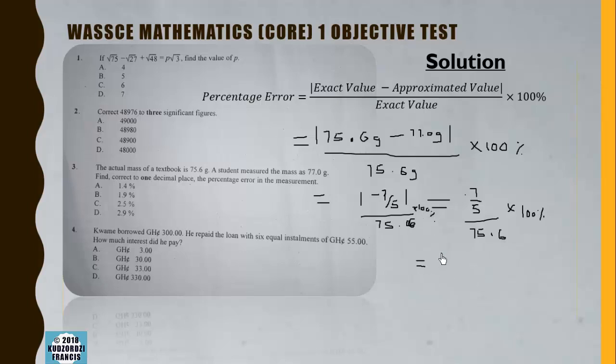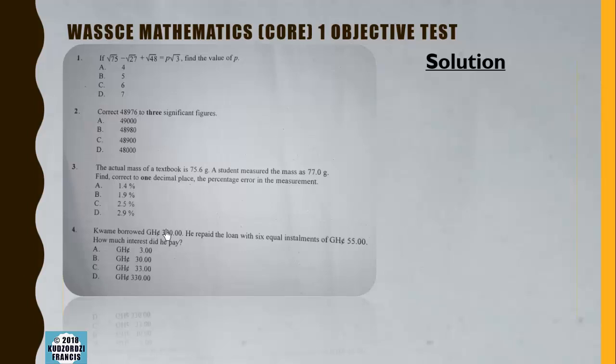So we simplify this and we get 1 over 54 times 100%. And this gives us 1.85 to 2 decimal places percent. Then this gives us 1.9% correct to 1 decimal place.